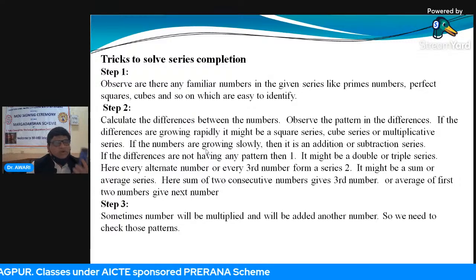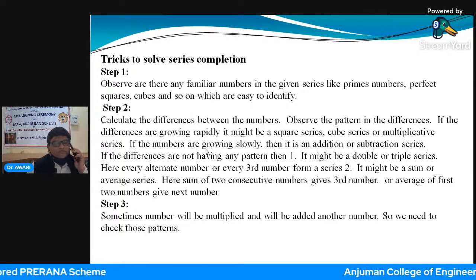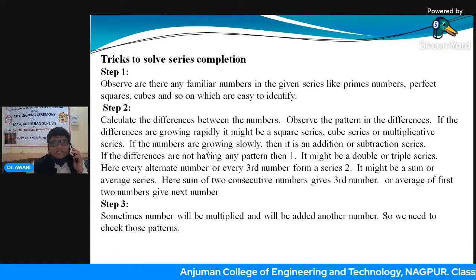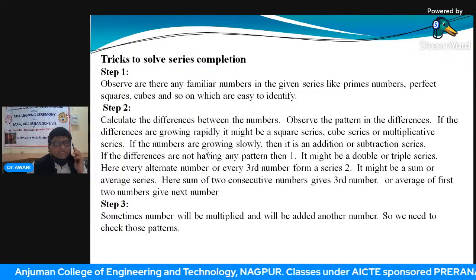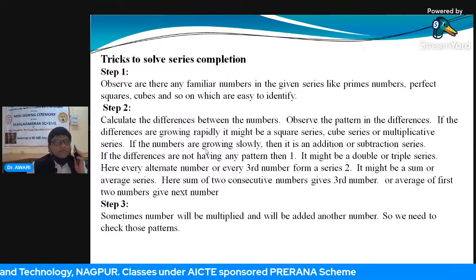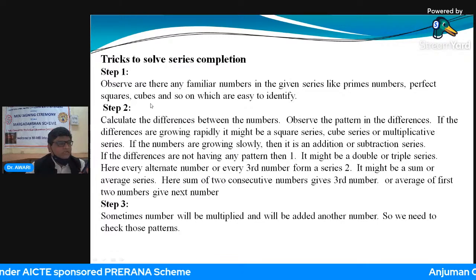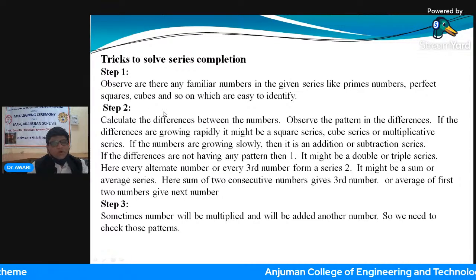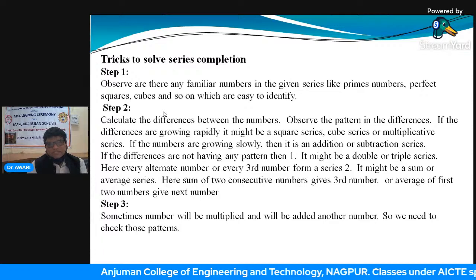Now let us see what are the tricks to solve series completion. Observe whether there are any familiar numbers in the given series, like prime numbers, perfect squares, cubes and so on, which are easy to identify. One of the tricks is to observe the various familiar numbers given in the series.